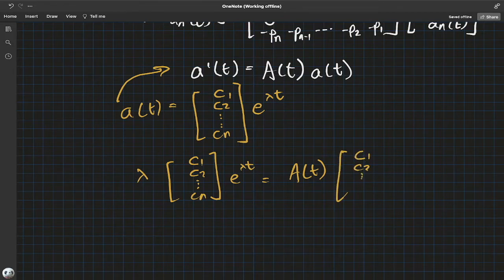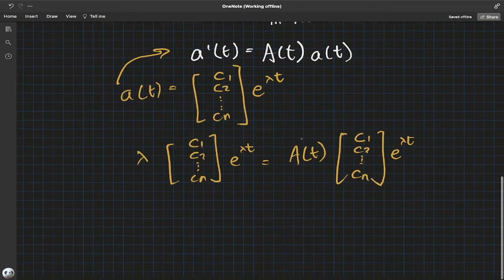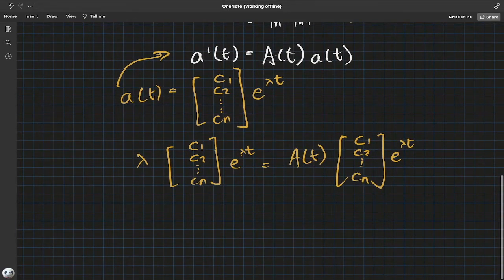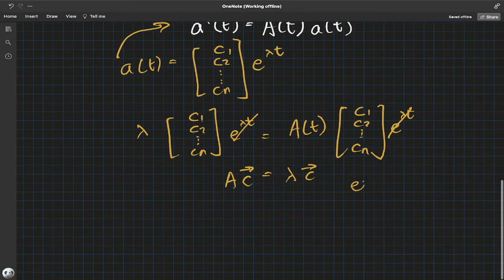And here's C1, C2, Cn e to the lambda t. So you forget whatever was the exponential. And you notice what's happening here. You have A on some vector C, lambda times some vector C. You have an eigenvalue problem right here.